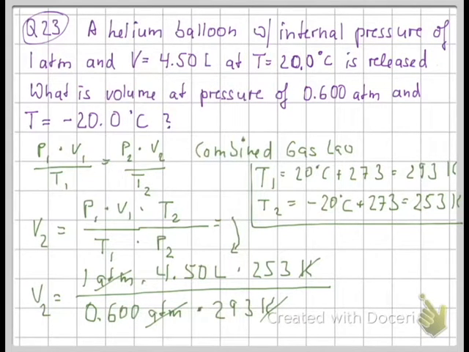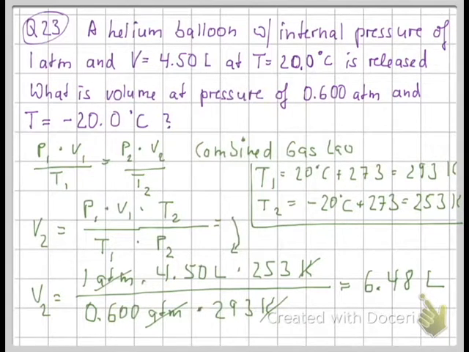It's when you don't clear out the memory of the calculator before you start. 4.5, let's do it over, times 253 divided by 0.6 divided by 293 equals 6.48, and that's rounded. 6.48 liters is my final answer.